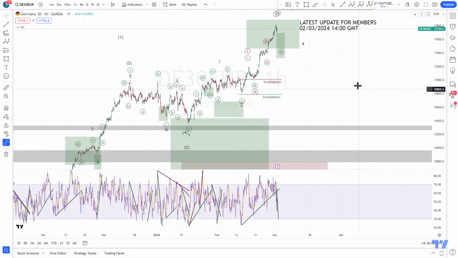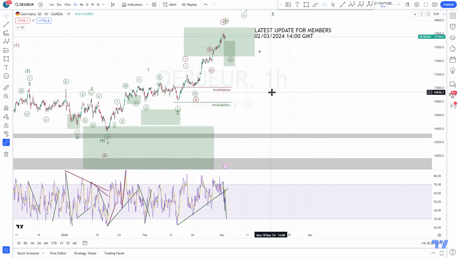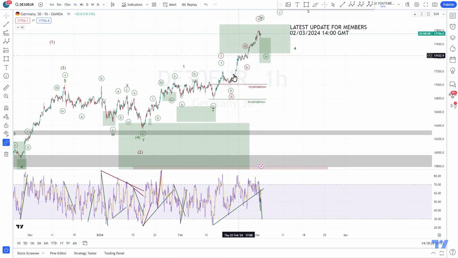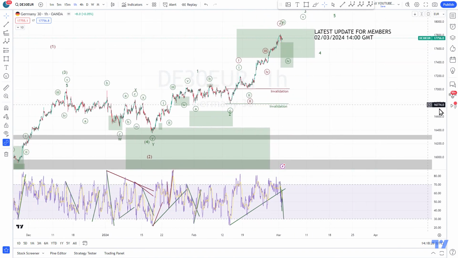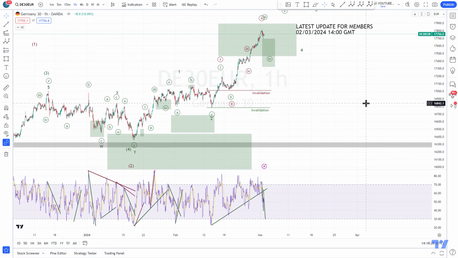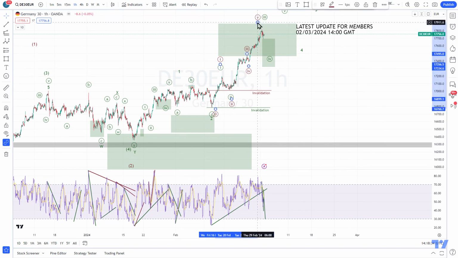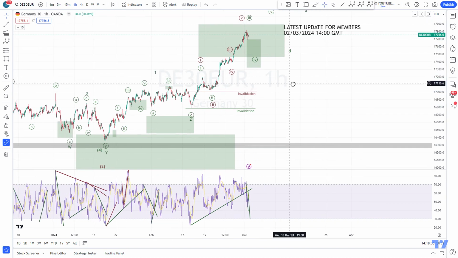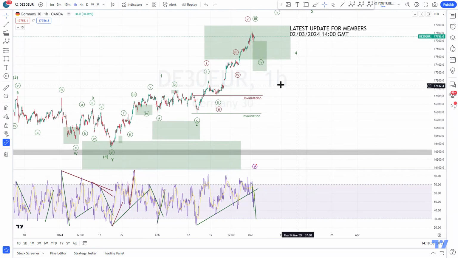So we are looking at the 1 hour in order to evaluate this structure here. And yeah, here it's a bit tricky, I would say. Two almost equally valid candidates, I would say.